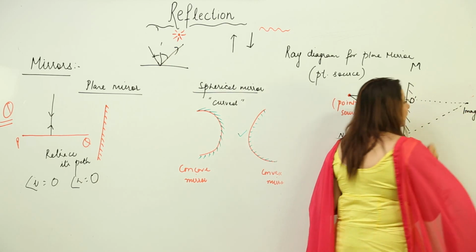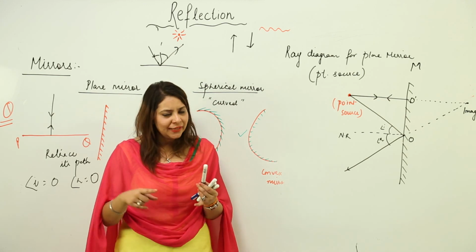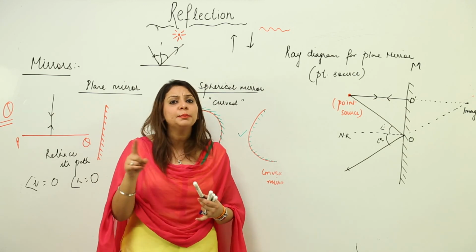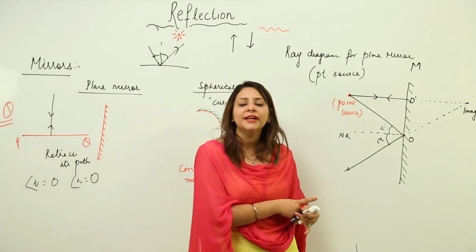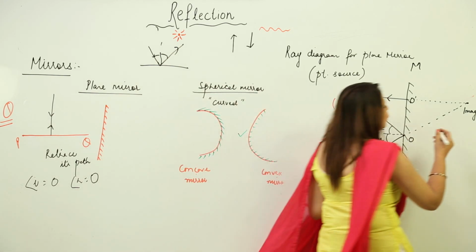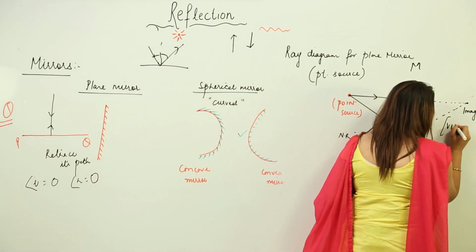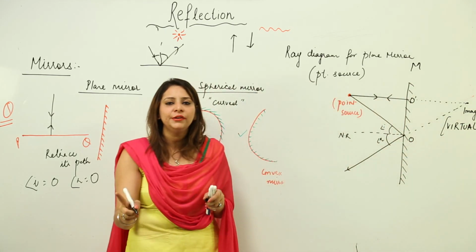This is the image. Now, what kind of image is it? Is it real, where reflected rays are actually meeting, or do the reflected rays just appear to meet? They are not actually meeting. So we see that in this case reflected rays are not actually meeting, they just appear to meet at a certain point. So this kind of image is called a virtual image. I think you got it now, the difference between virtual and real.